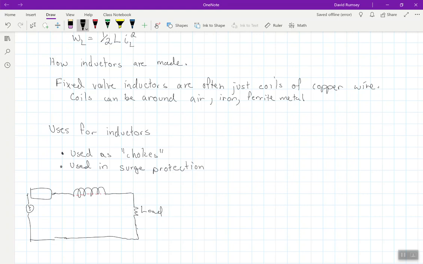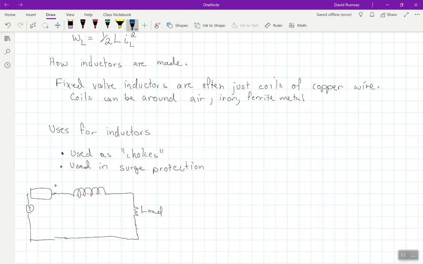Now, what happens if you get a spike of current that you don't want going through? Sometimes that can happen where you get current spikes, and that's a real phenomenon. Just think of your own power lines and things of that nature.